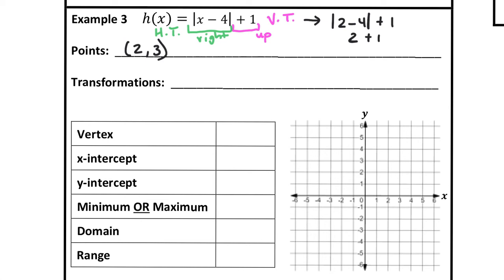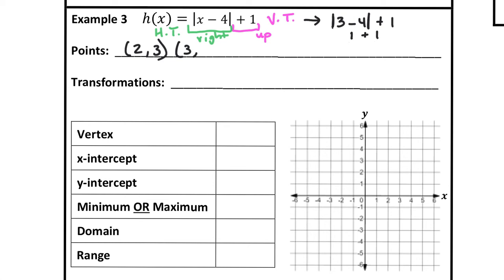And then we're going to try another point. My first one I chose was 2. Let's go to the next point up. After 2 is 3. So let's try an input of 3. What's 3 minus 4? Negative 1, but the absolute value of negative 1 is positive 1.